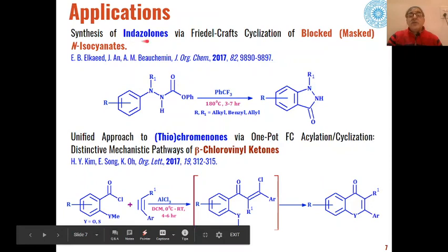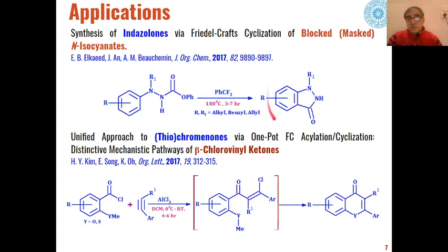Then similarly we can synthesize indazolones. These types of heterocyclic compounds can be synthesized from these types of N-isocyanates.